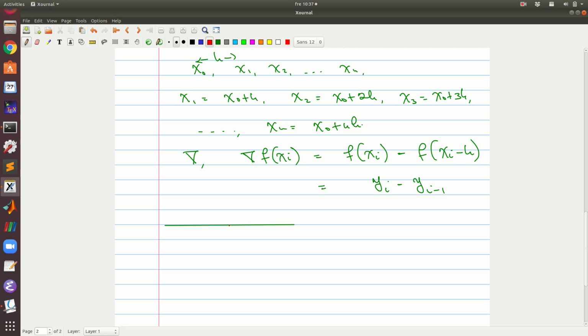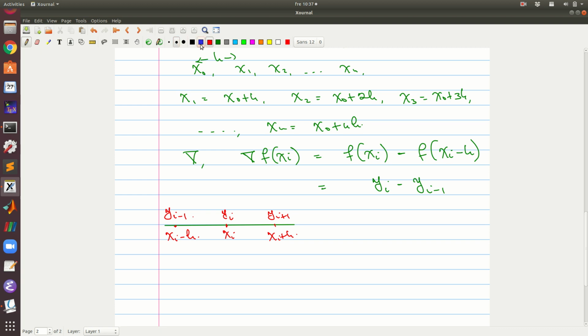In other words, as a simple illustration, we can consider this as the point xi, and this is at the point xi plus h, and then this is the point xi minus h. This is yi, this is yi plus 1, and this is yi minus 1.